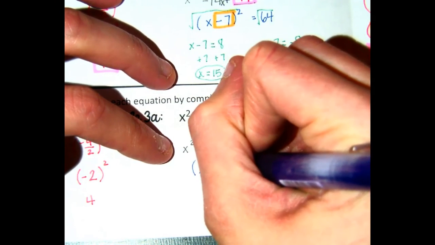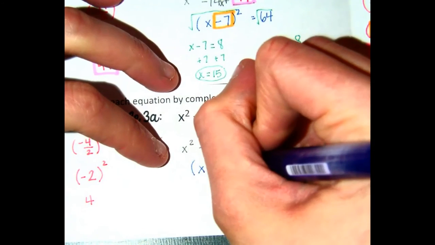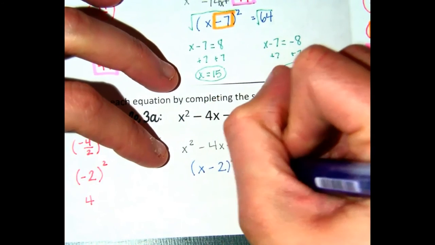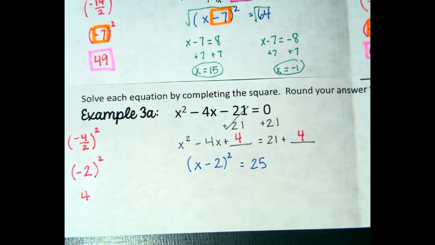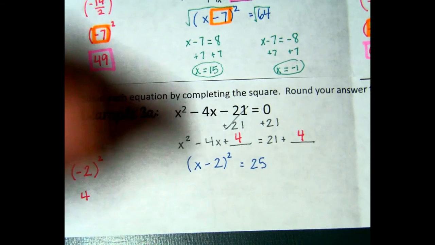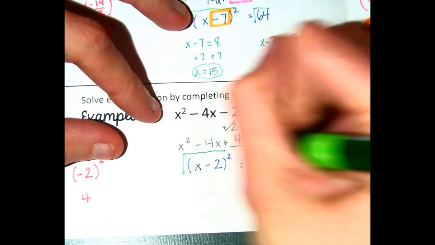The perfect binomial. So how do I write that? X minus 2 squared equals 25. Where did 25 come from? 21 plus 4. Okay, now what? Take the square root.